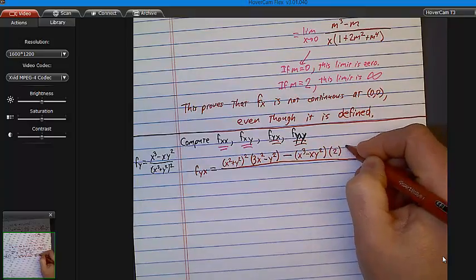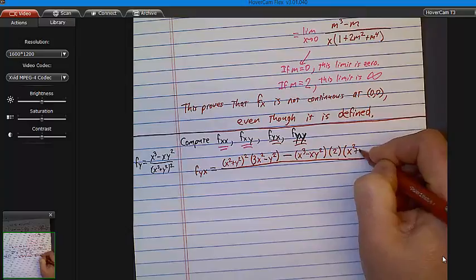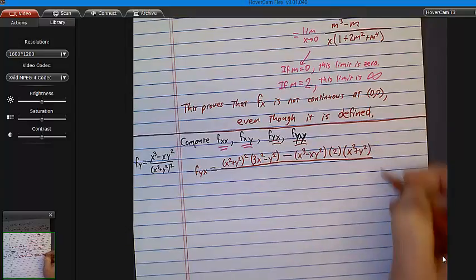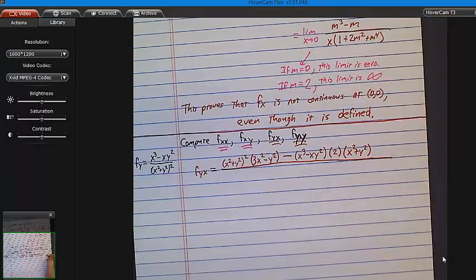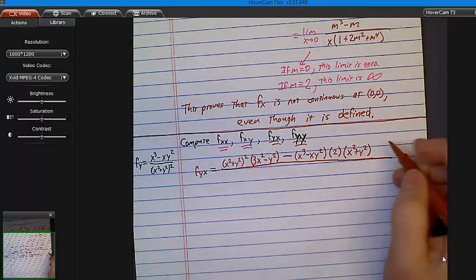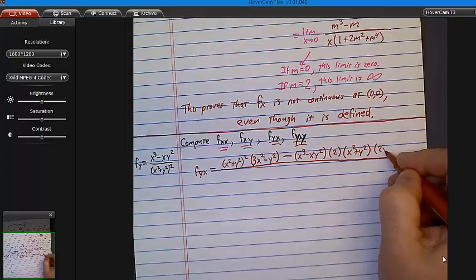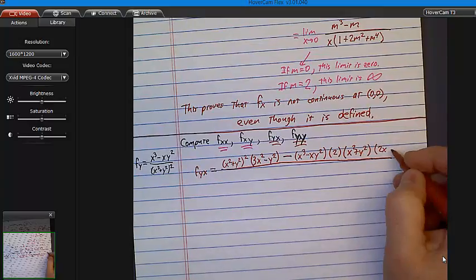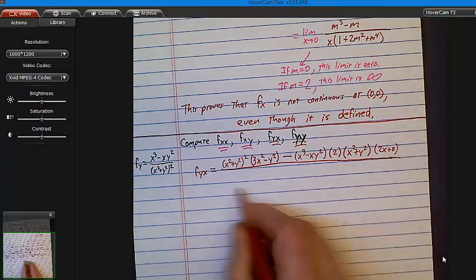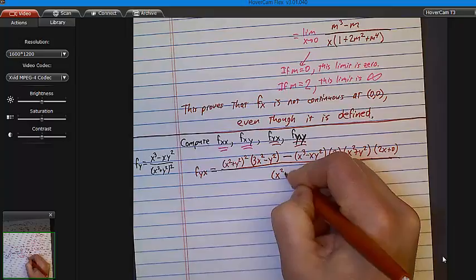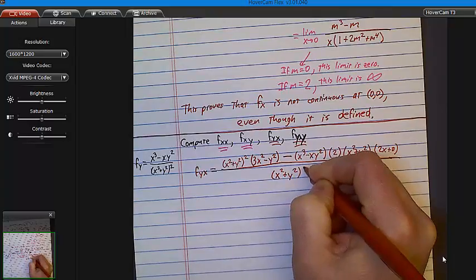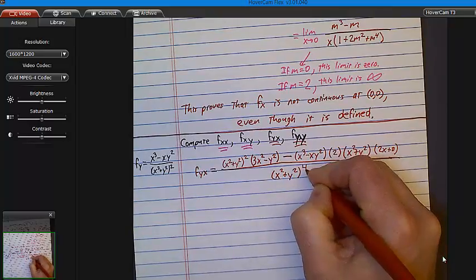And then we get bing, x squared plus y squared to the first power, because I lowered the exponent by 1. And then bong, the chain rule tells me I need 2x, right, plus 0. So there's my numerator, all over x squared plus y squared to the 4th power now, because I'm squaring the denominator.